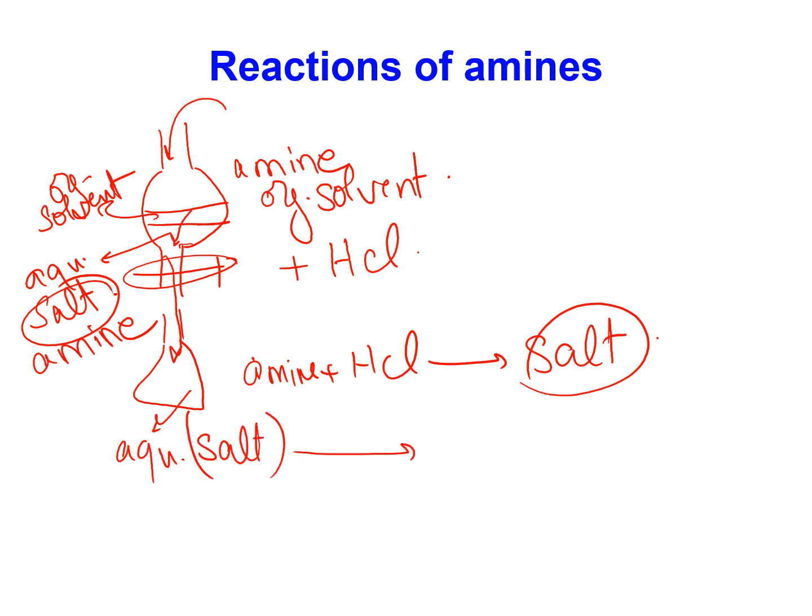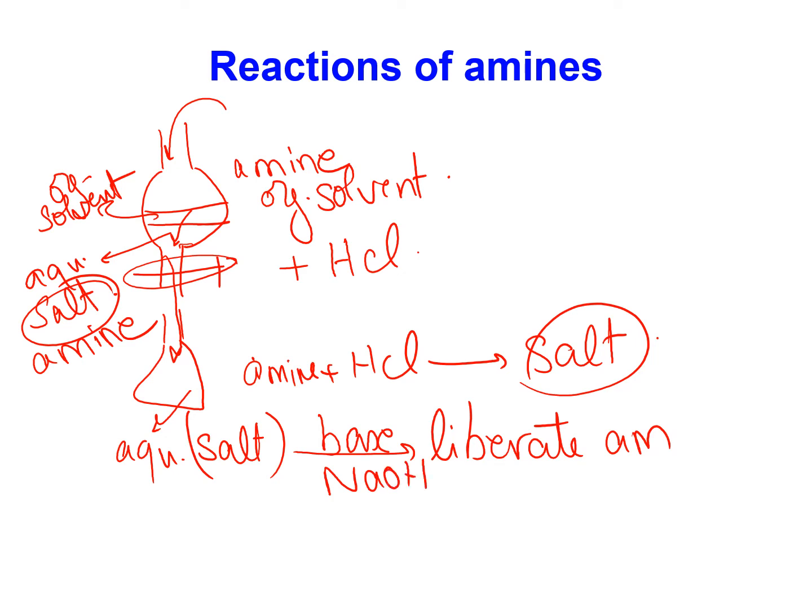All you have to do is add a base to liberate the free amine. So you add something like sodium hydroxide or potassium hydroxide to liberate the free amine and produce sodium chloride. This is how we can use salts to purify amines from the reaction mixture to a certain extent.